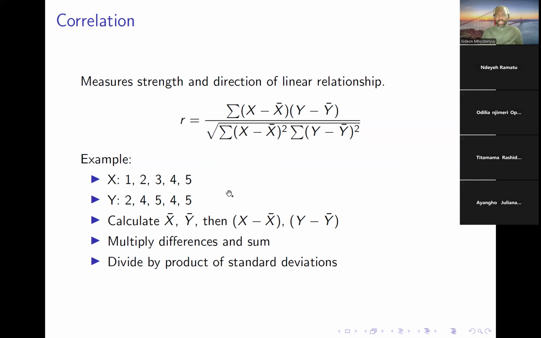We did say correlations give you information such as, if you have negative correlation, it means that the variables are varying in opposite directions. If you have positive correlation, it means that they are varying in the same direction. For example, if you had something like this as your X, and then you have this as your Y, these will have positive correlation in the sense that they are varying the same.